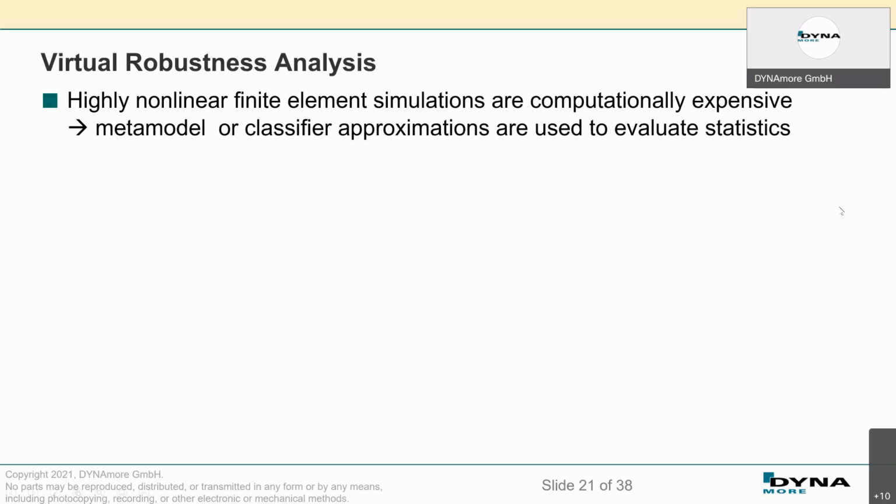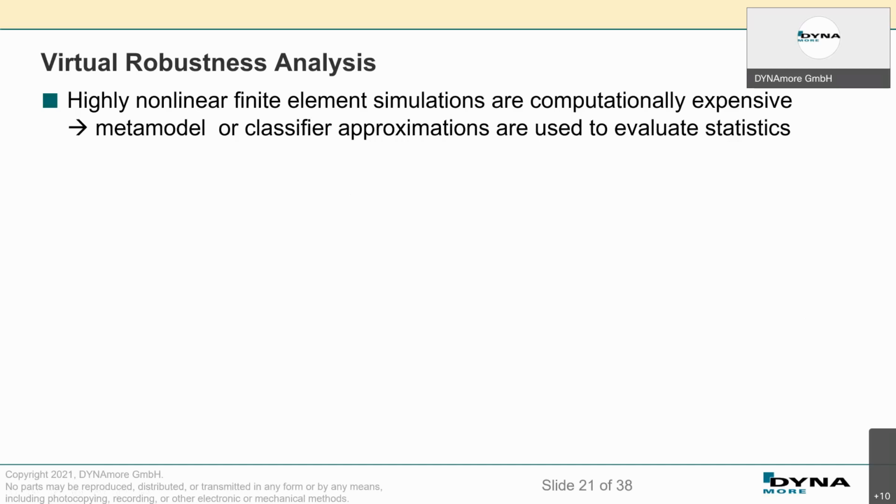So what we want to do now is run a robustness analysis using our finite element model that Mathias just explained in LS-OPT. Of course, it would be nice if we could just run 10,000 simulations and use the simulation results to evaluate statistics and whatever we are interested in.